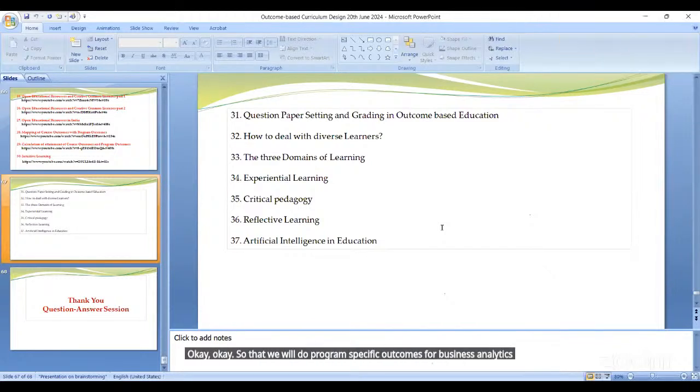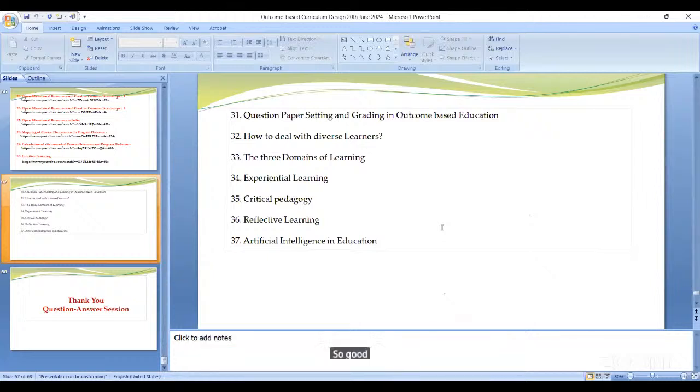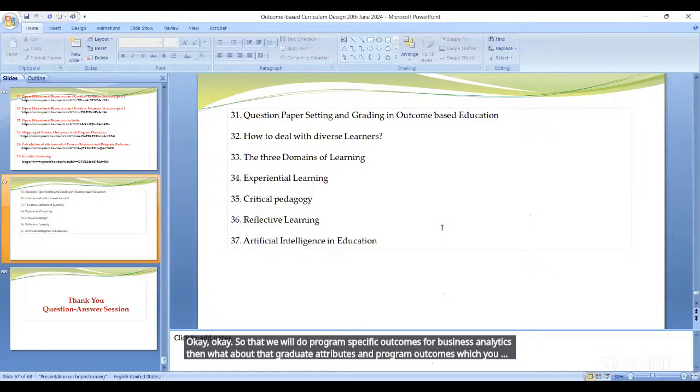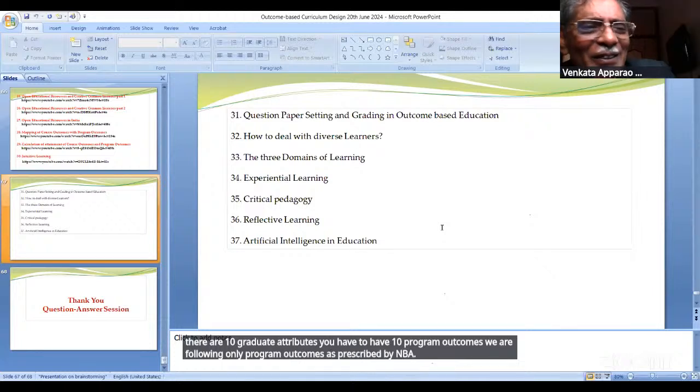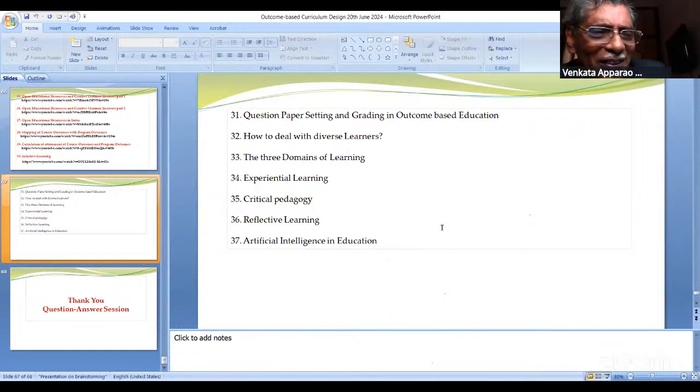Then what about graduate attributes and program outcomes, which you said: if there are 10 graduate attributes, you have to have 10 program outcomes. We are following only program outcomes as prescribed by NBA. Not even 6, 5. This is completely news to me.